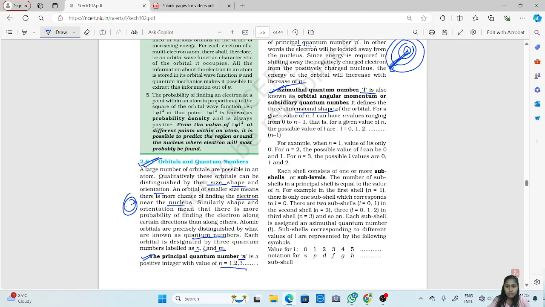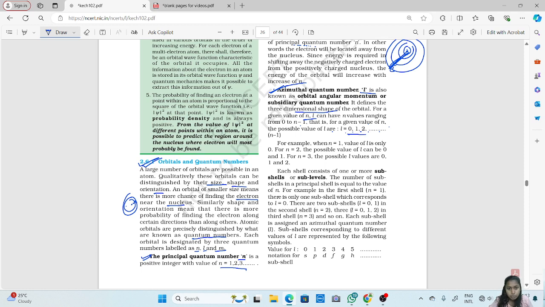For a given value of n, l can have values ranging from 0 to n minus 1. That is, for a given value of n, the possible values of l are 0, 1, 2, 3.